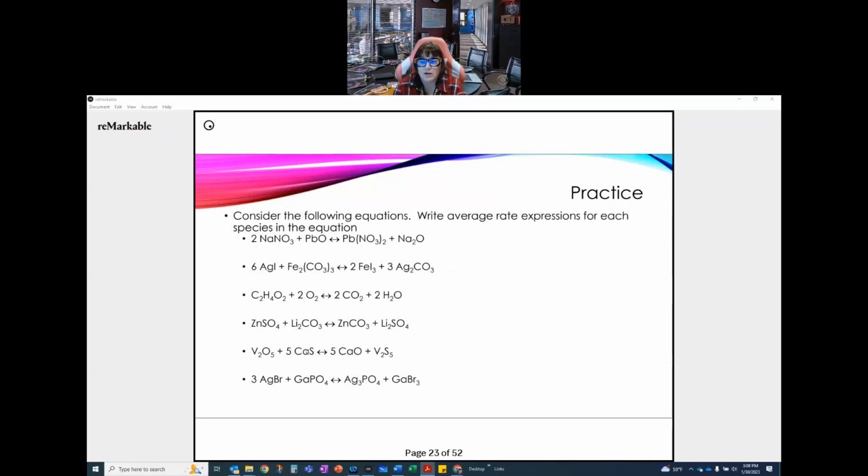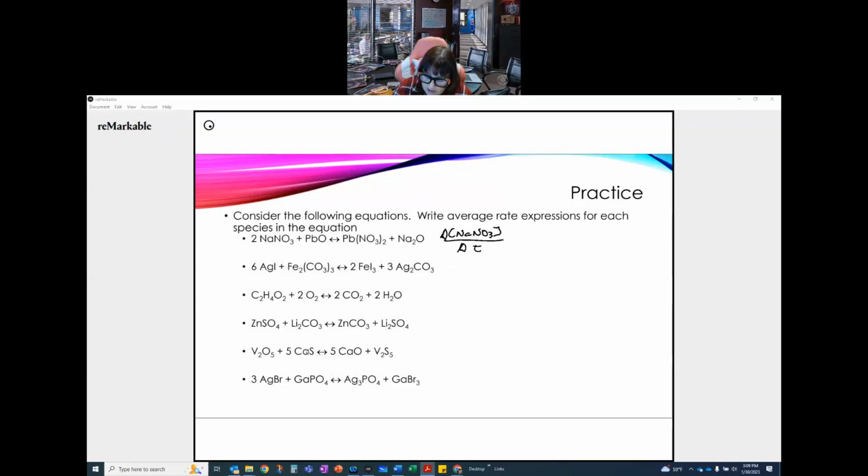Okay, so let's consider the following equations. I want you to write average rate expressions for each species in the equation. I have 2 NaNO3, so we would start with the change in concentration of NaNO3 over the change in time.